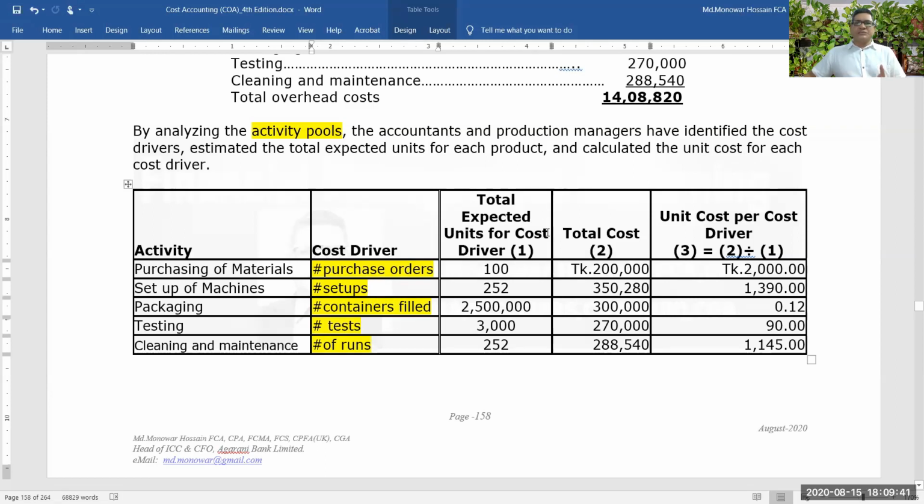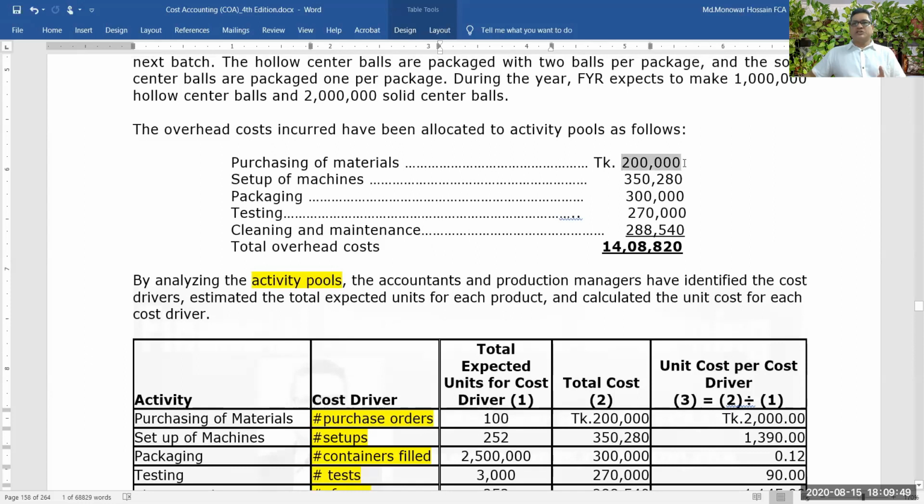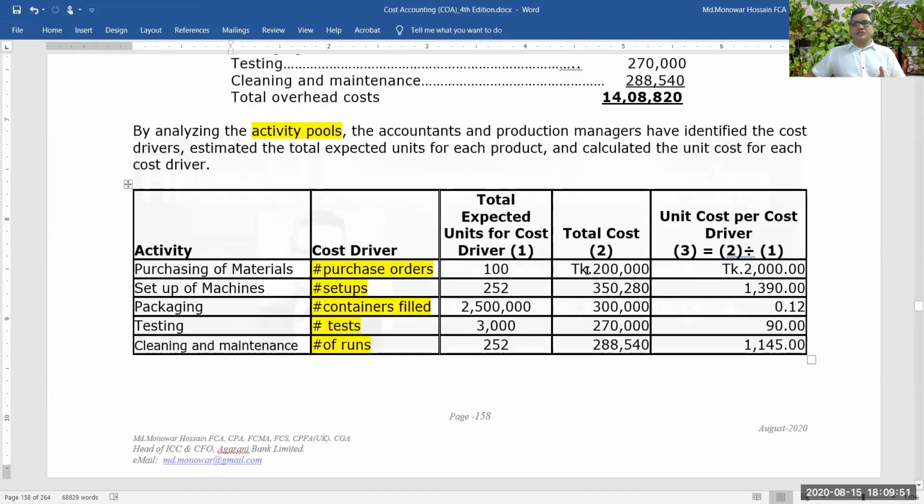So total expected unit for cost driver 100, and total cost 2 lakh. This 2 lakh is the same. Okay, so if we divide this 2 lakh by the 100, then we will get 2000.